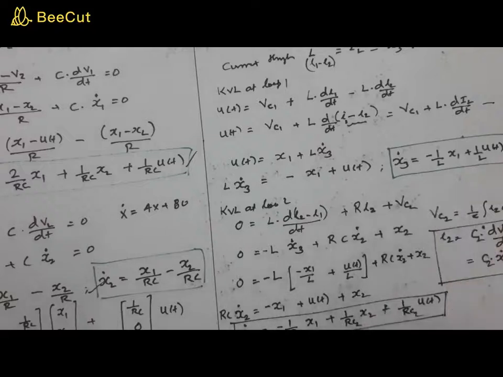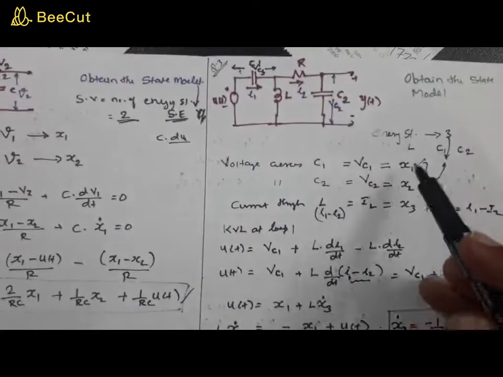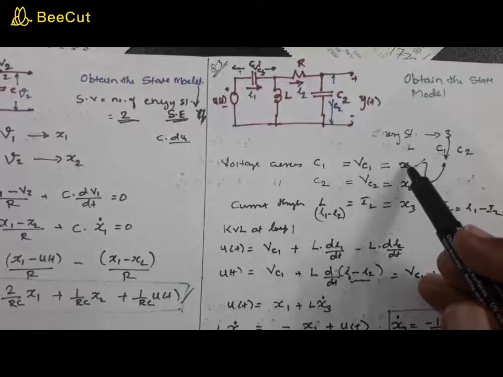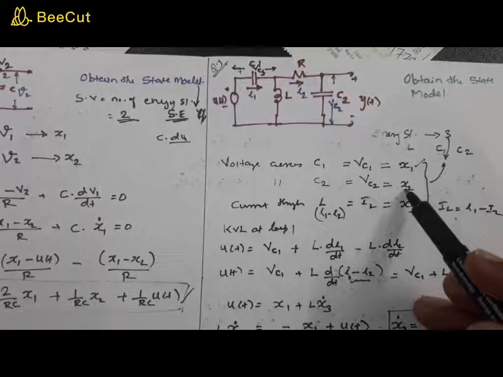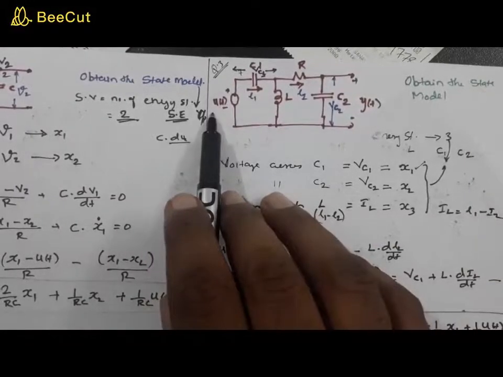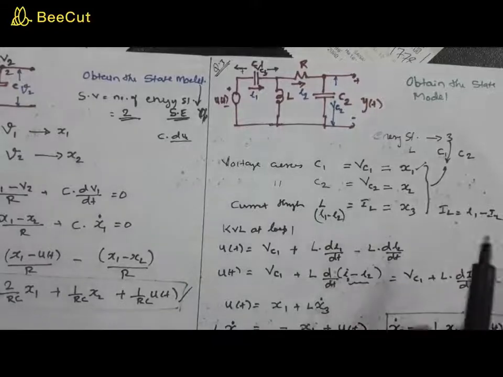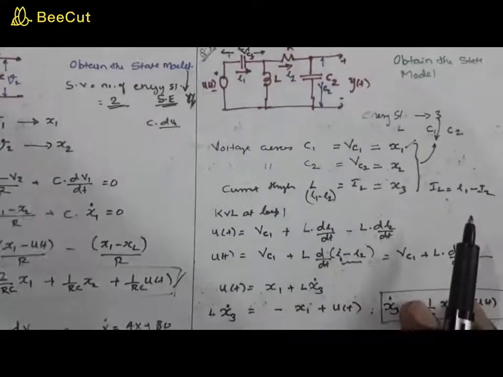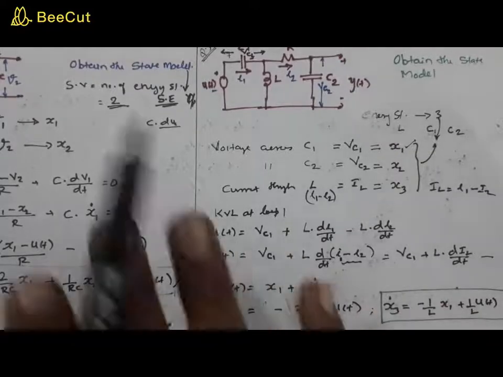So proper substitutions have to be made. Our objective is to get the first order derivative of the state variables we have assigned in terms of the state variables and the input. That means that particular equation should not have any other first order derivatives. That's the logic. So you need to do the proper substitution.